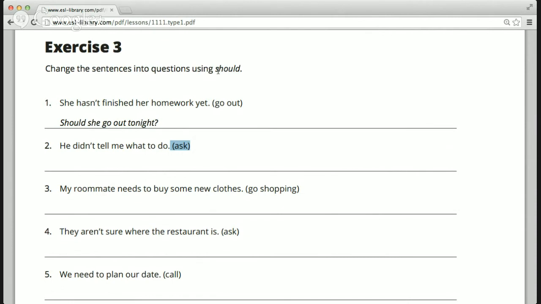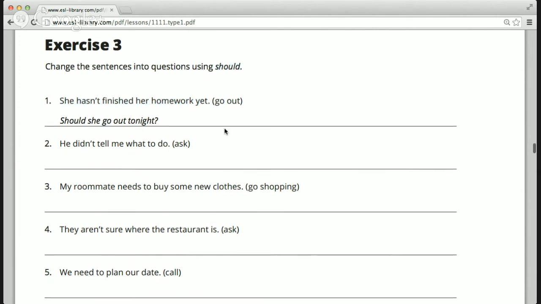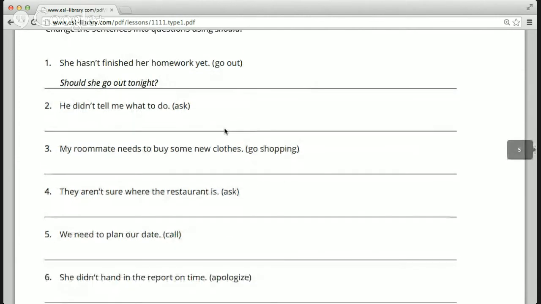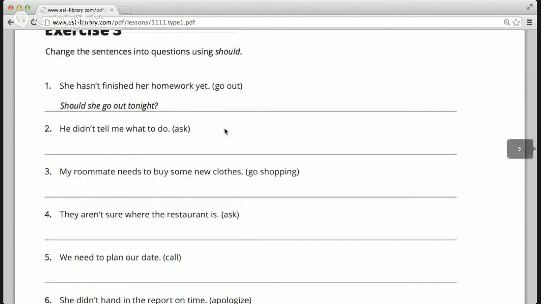Here, we want to use the modal "should." You'll read this statement, and then you're going to be offering advice. Number 1 says, she hasn't finished her homework yet. Our verb is "to go out." We're going to ask the question, should she go out? And then I want you to answer it.